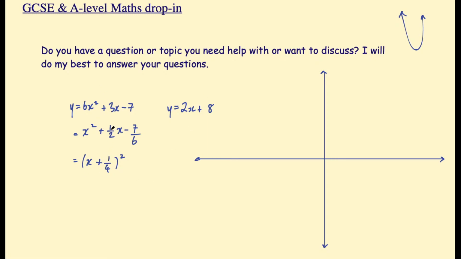And then you subtract a quarter squared from the constant on the end. So 7 on 6 take 1/16. This is already looking not very fun, but we'll give it a go.